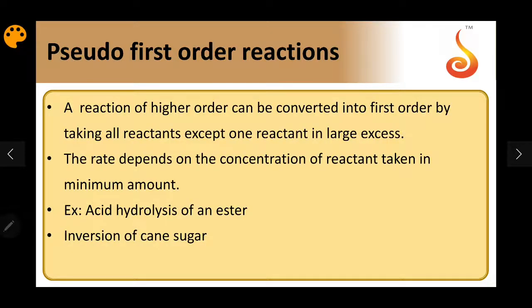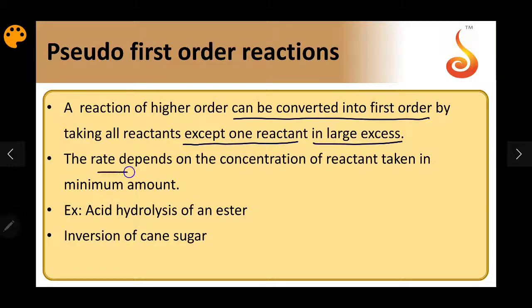Pseudo first order reaction. So a reaction which is following a different order, maybe second or third or 2.5, whatever, the higher order reactions can be converted to first order by taking all the reactants in large excess, except one reactant. So except one reactant, everything is taken in large excess, so we can convert that into first order reaction.